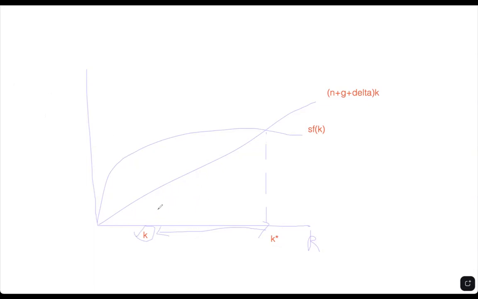And as K moves to the right here, it slows down until it goes to the long run growth or long run speed. So that's what this is saying.